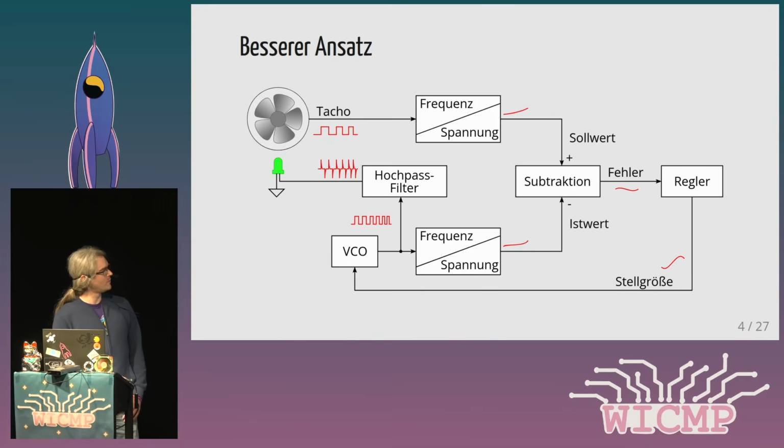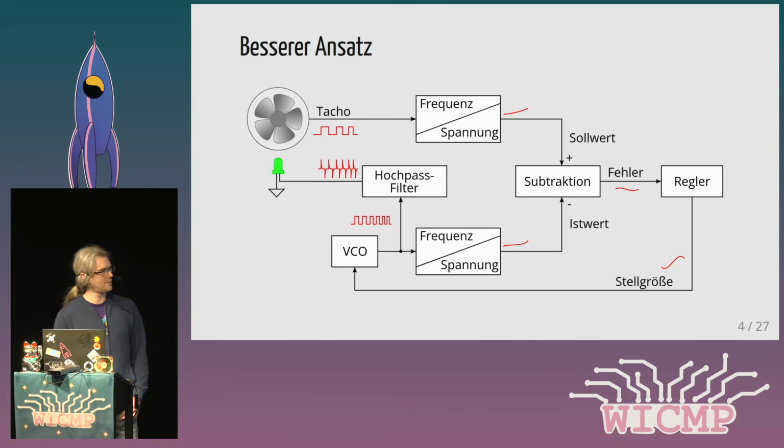So what do we do here? We begin again with the fan and the spin signal, convert it into a frequency and a voltage, and we go with the signal into a subtractor which compares the two frequencies of these two blocks you see here, and from that difference we determine an error.